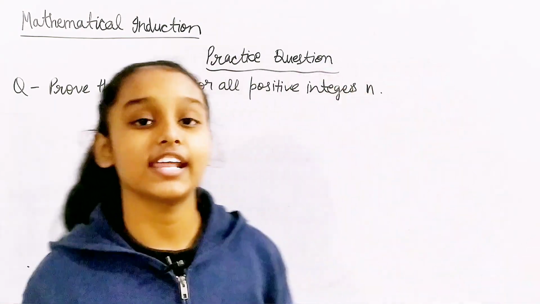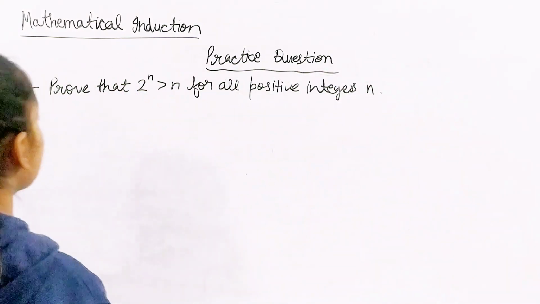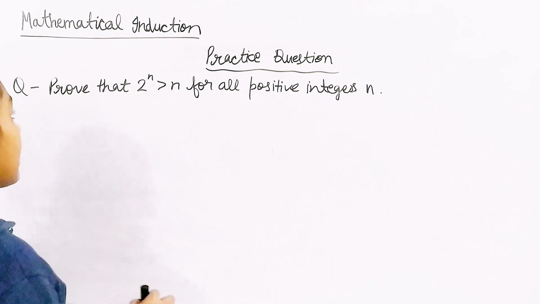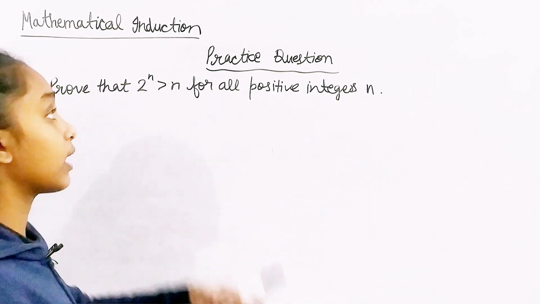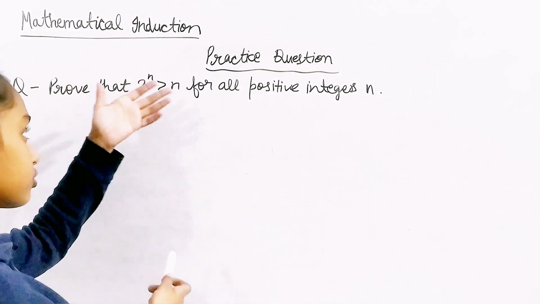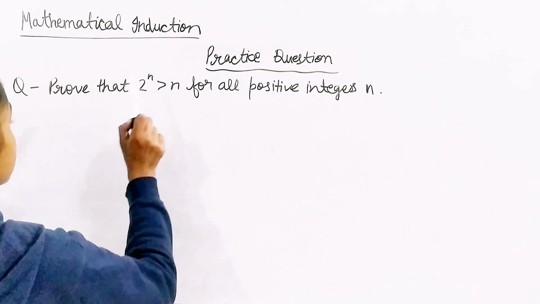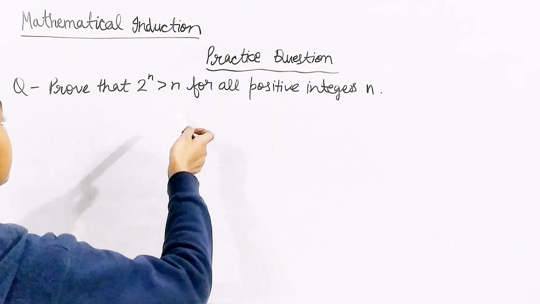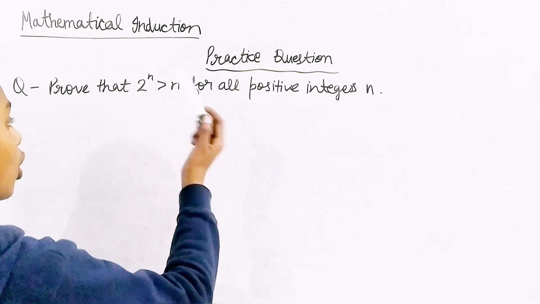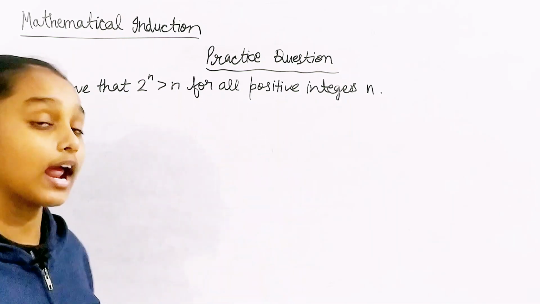So let's get started. This question is really short, and what we have to do is use mathematical induction, as it's a practice question of that topic. Prove that 2 to the power n is greater than n for all positive integers n.